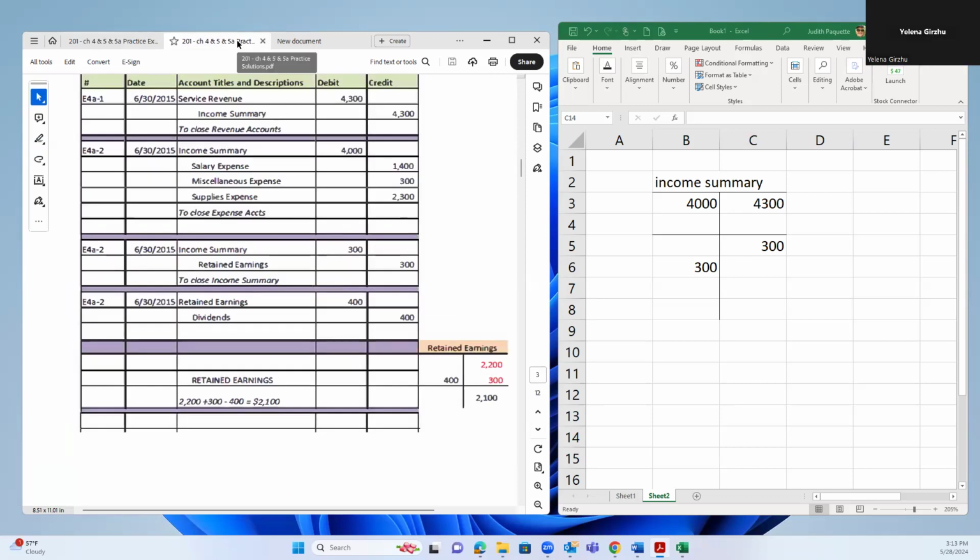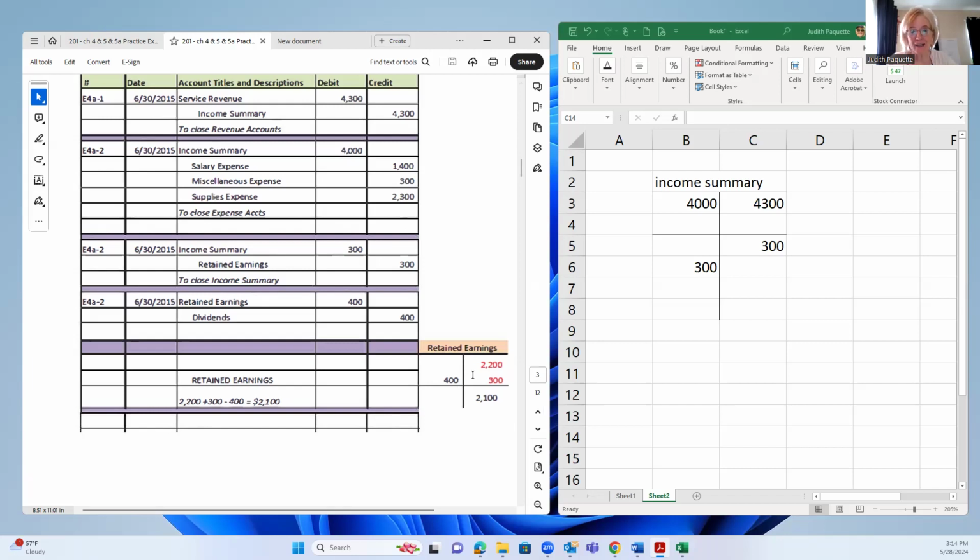Sorry, I lost it. So the retained earnings beginning balance is a credit of 2,200, and then we're also crediting the $300, which is from the third entry. And where's the 400 coming from? All you're doing on this T account, Yelena, is posting what's up here on retained earnings.